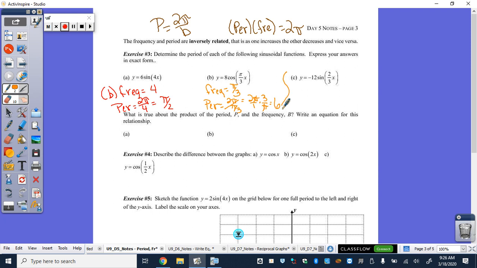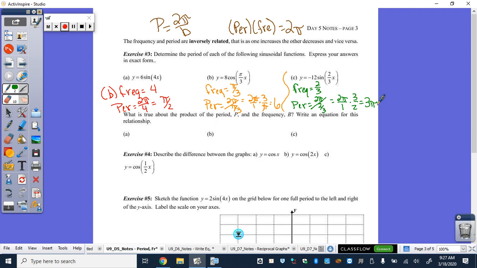You end up with a 6. And then C, frequency is 2/3. Period would be 2 pi divided by 2/3. 2 pi over 1 times 3 over 2, which ends up giving you a period of 3 pi.